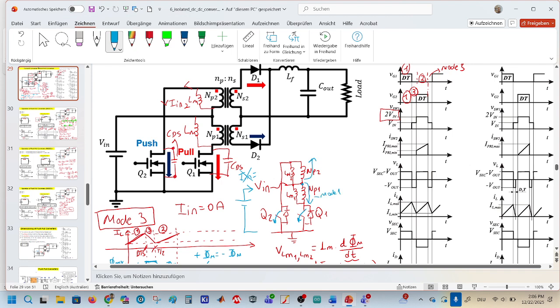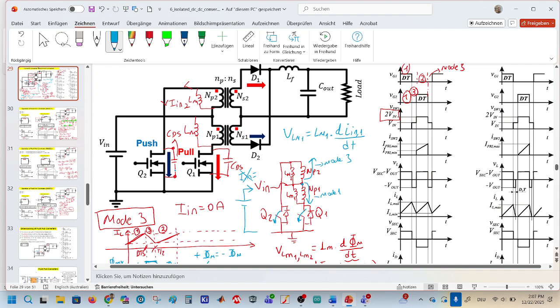and this was mode 2. But in between, we have the third mode. That means during mode 1, the current flows on the primary side in P1, and the voltage on the magnetizing inductance, because of input current, there is a change of input current.